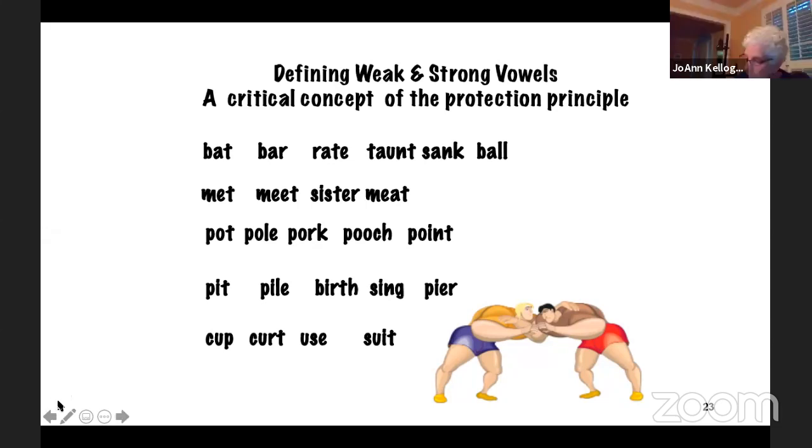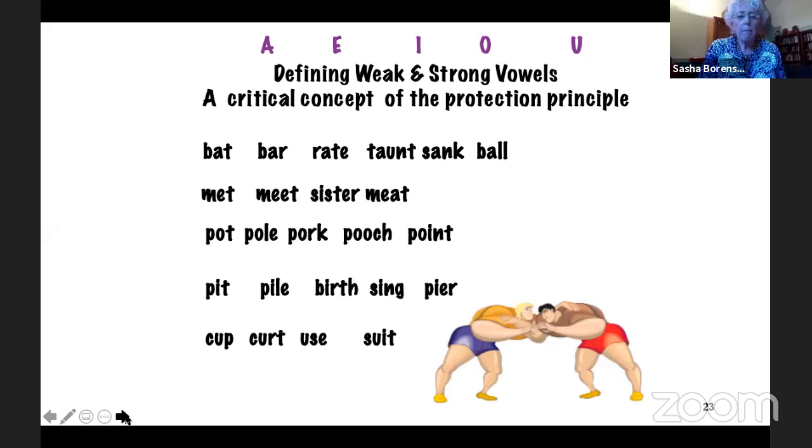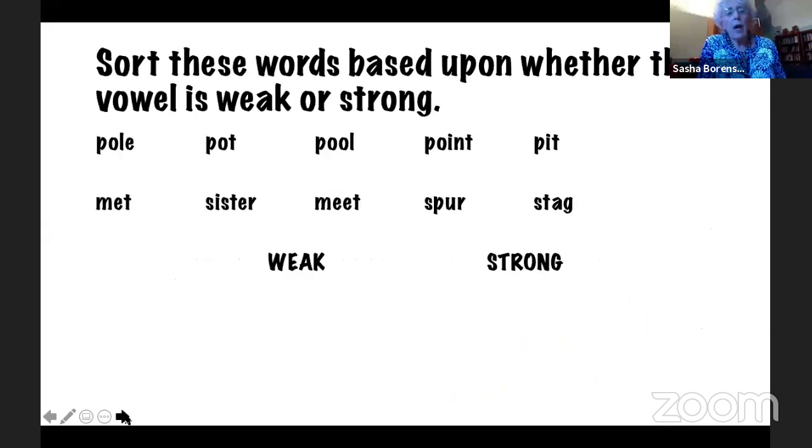And one of the ways, and I don't think I have this on a slide, but I'll tell you about it. If you have the word AWE, that's the word aw. And the vowel in the word aw is AW. Did the E on the end change the sound of the AW? No, it didn't. Because AW is a two-letter vowel digraph, and it's strong.